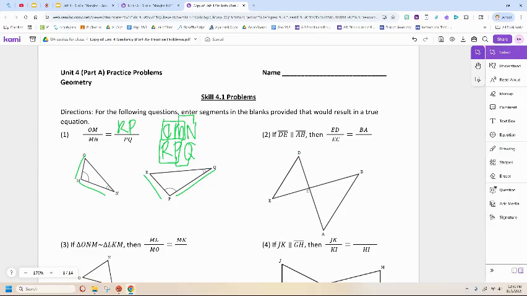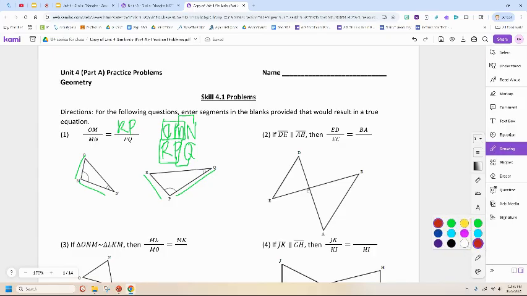All right, let's look at this one. They tell us there are 2 lines that are parallel, DE. Angle D corresponds with which angle?